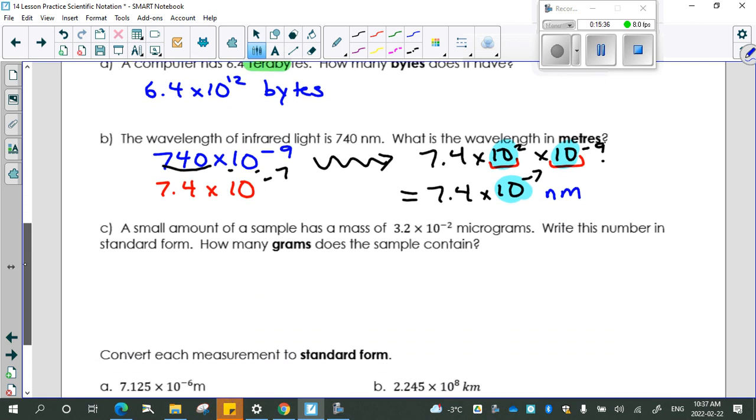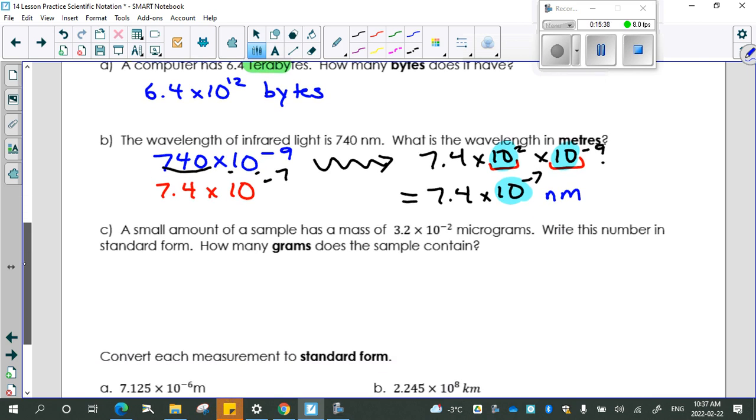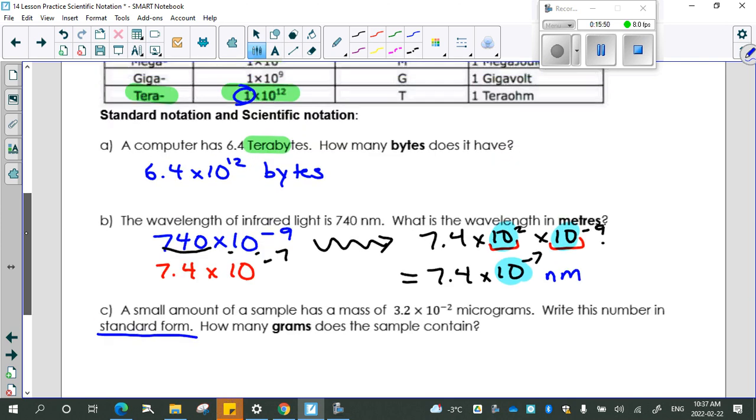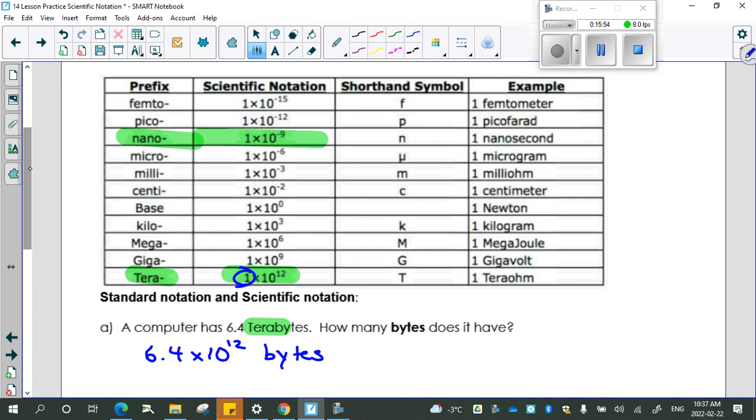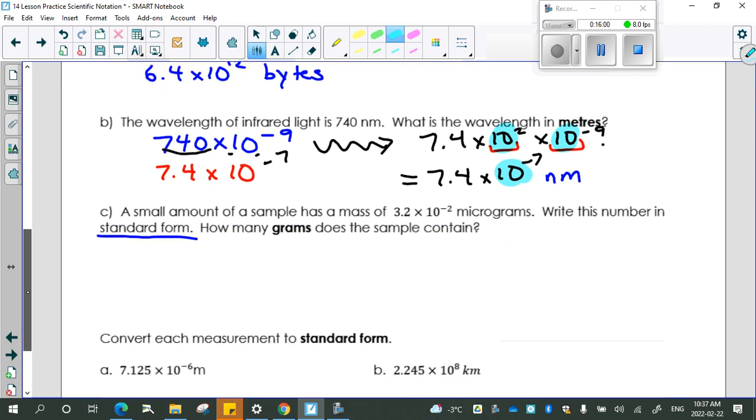Okay. A small amount of a sample has a mass of 3.2 times 10 to the negative 2 micrograms. Write this number in standard form this time, which means in decimal form. So we have to go up to micrograms. So micro is times 10 to the negative 6.